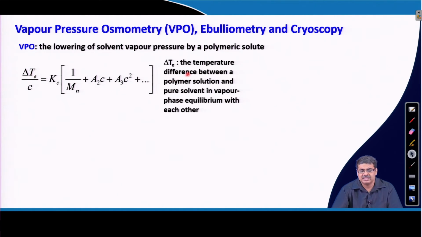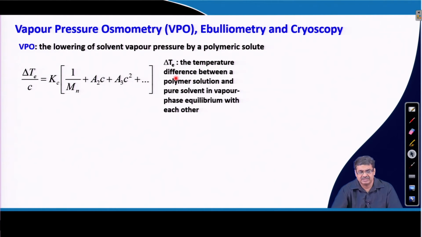Now, delta T is the temperature difference between the polymeric solution and the pure solvent in vapor phase equilibrium with each other.